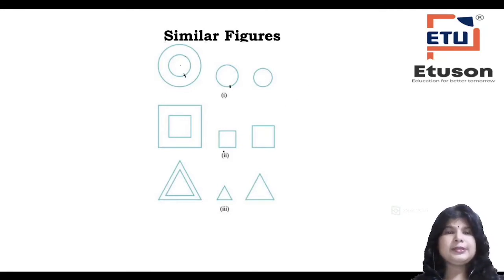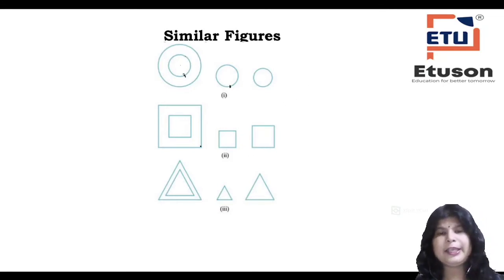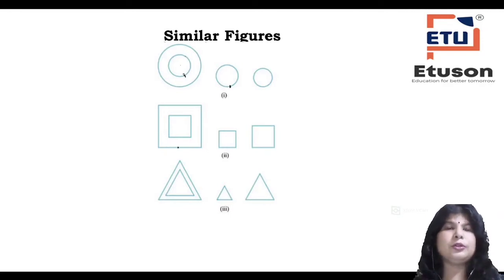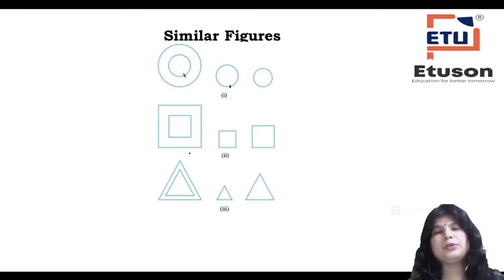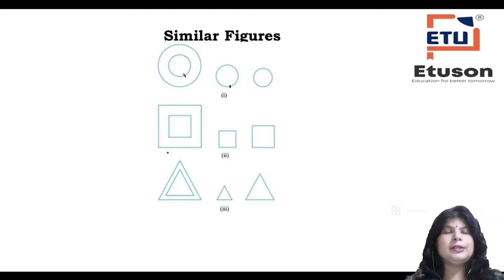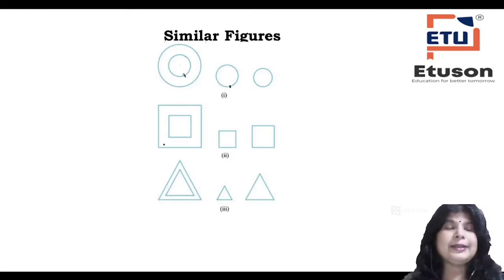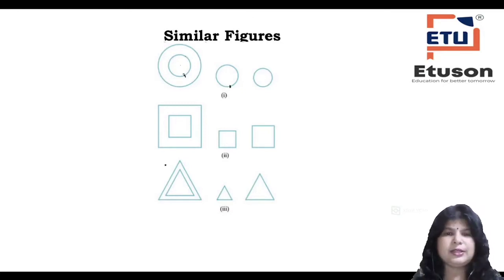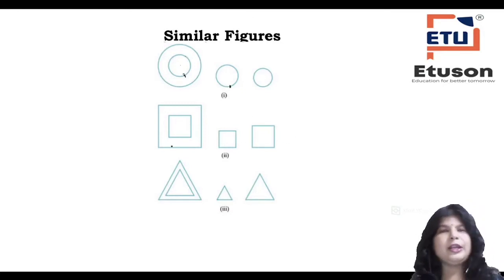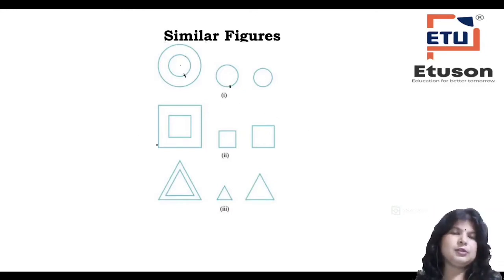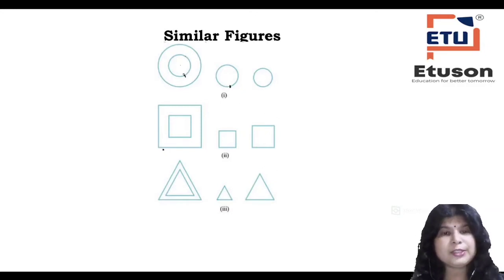Same is the case in this second bit where you have taken all the squares. Now what are the properties of a square? A square is a quadrilateral having all the sides equal to each other and all the adjacent angles equal to 90 degrees. So all of them are satisfying those two conditions, right? So all of them are squares and you can tell that they are similar figures. But what about congruency?